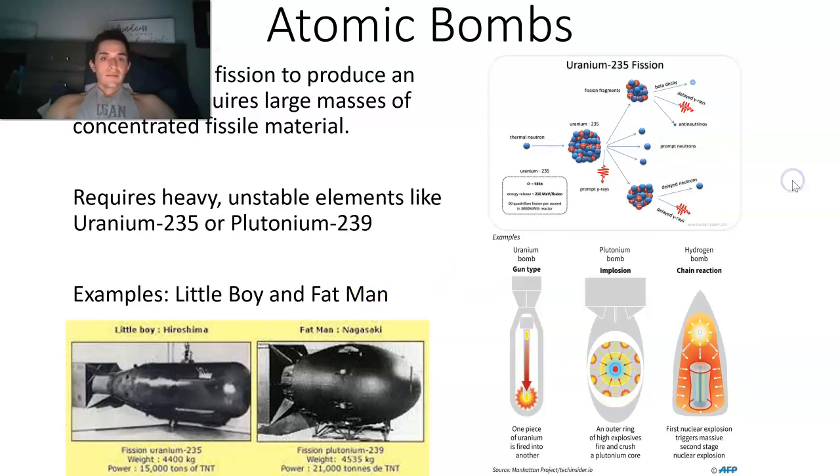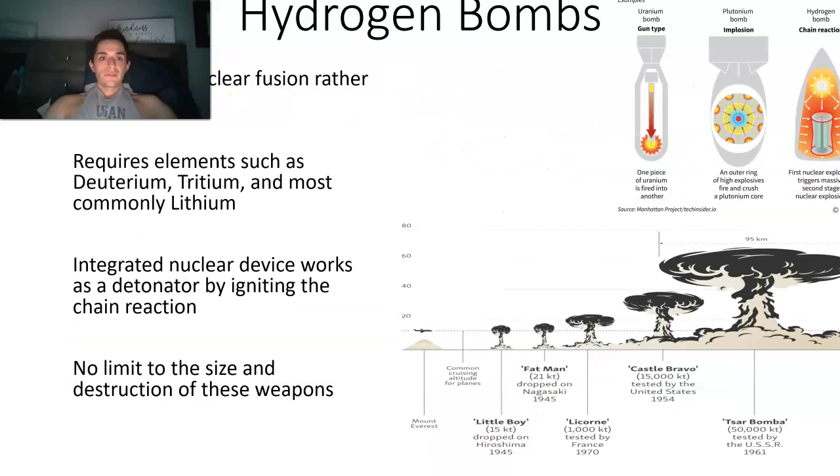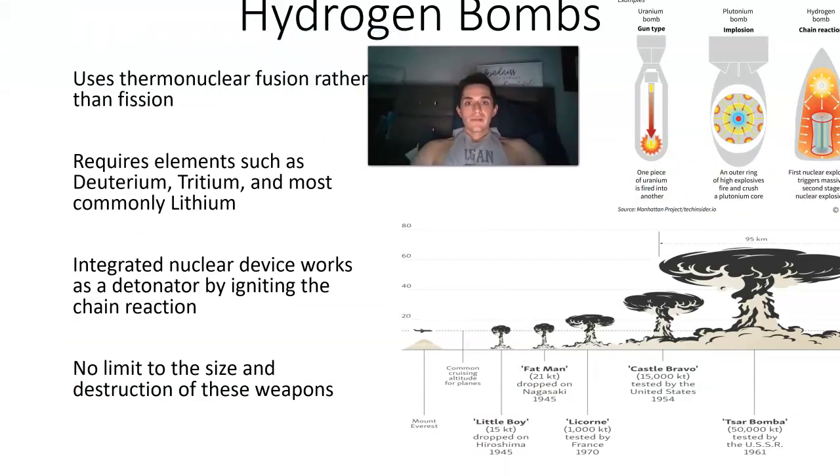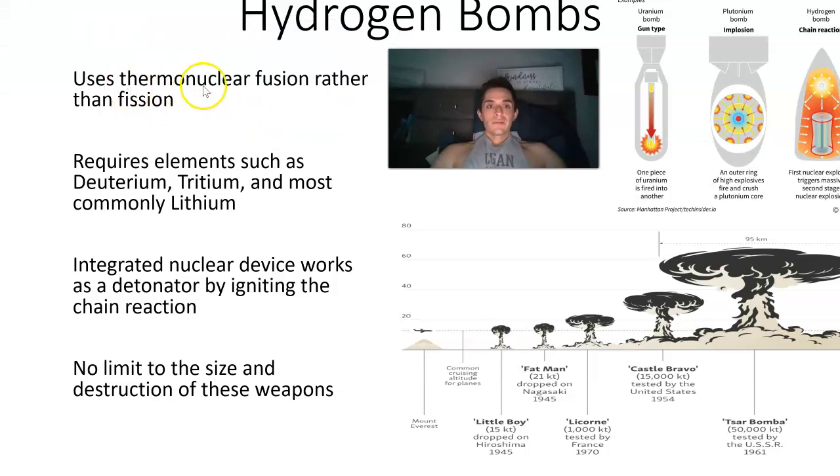Okay, now let's move on to hydrogen bombs here. So hydrogen bomb uses thermonuclear fusion rather than fission to create an explosion. And it requires elements such as deuterium, tritium, but most of them use lithium as their main element here.